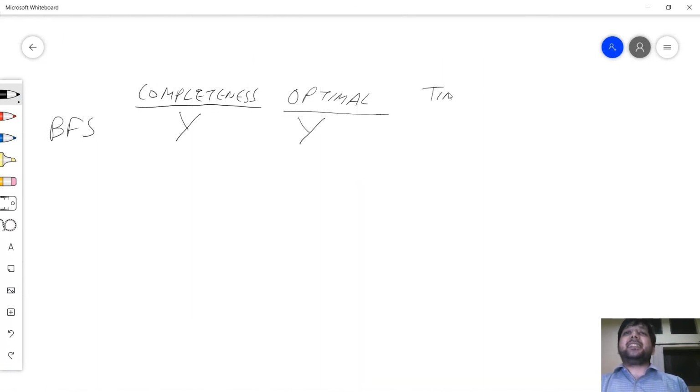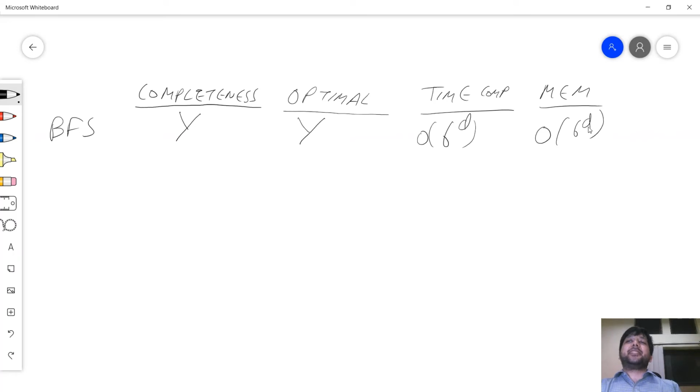So the time complexity for both tree search and graph search, remember, I did not say whether it's a tree search or a graph search, whether I'll prune revisited states or I won't, in both cases becomes B to the power of D. And the memory complexity is that I need to store the entire tree, so it's B raised to power D. It's funny, you only have a frontier, but because those frontier nodes have parent links and those parents have parent links, the entire tree is stored.